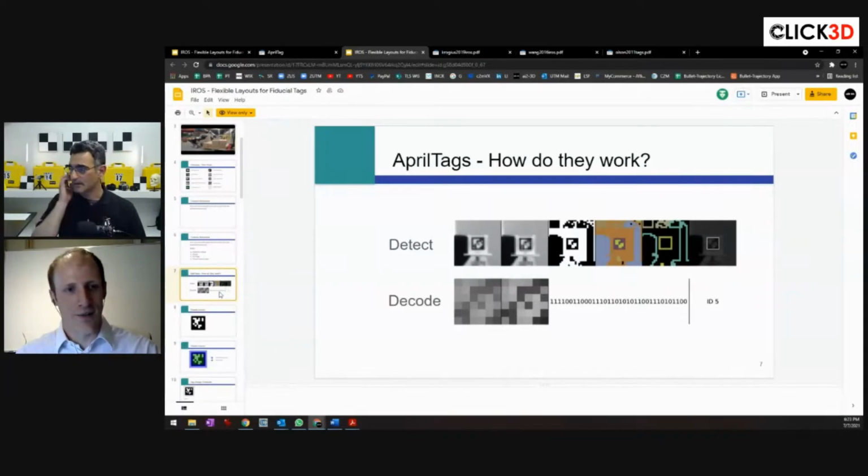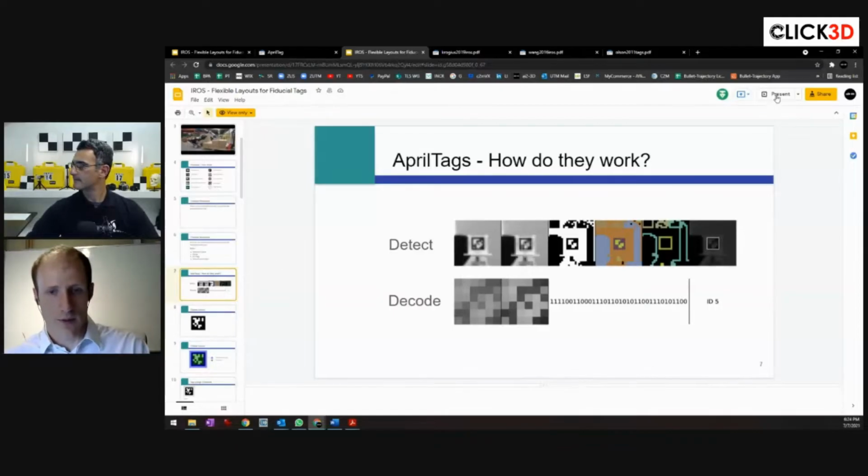Oh, I see. Okay. And then there's a slide here that says how do they work. So is it working something like the SIFT algorithm? What's it doing when it's looking for the tag? Right. So I can walk you through this image here. From left to right, in the first row, we have our input image first.